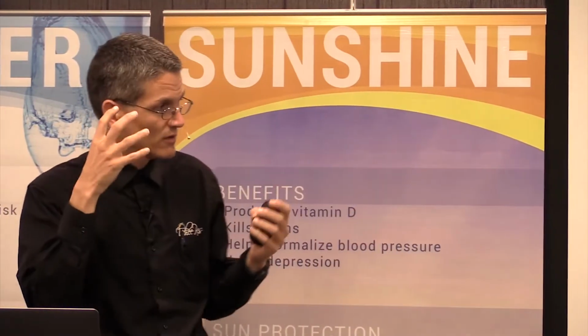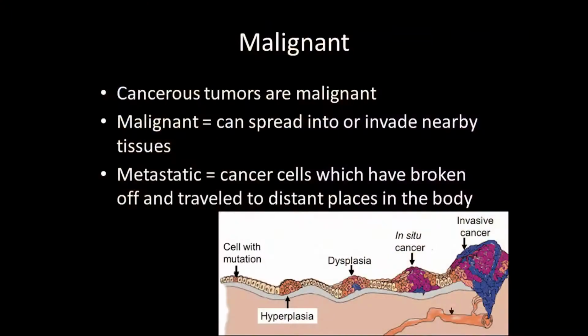You can have benign tumors that grow inside the skull, and they might not invade surrounding tissues, but you only have a certain amount of space inside your skull. And so that tumor can grow and push on the brain and cause serious dysfunction associated with it.